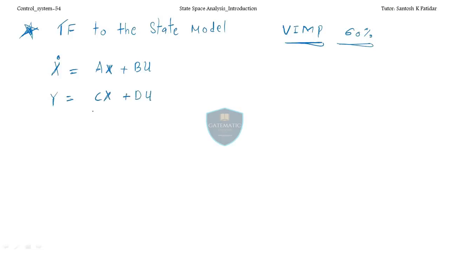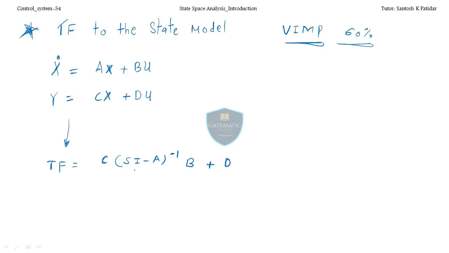You have this in your hand, and now you are calculating the transfer function based on your model. The transfer function is given by C, sI minus A inverse, B, plus D if you have a D value.